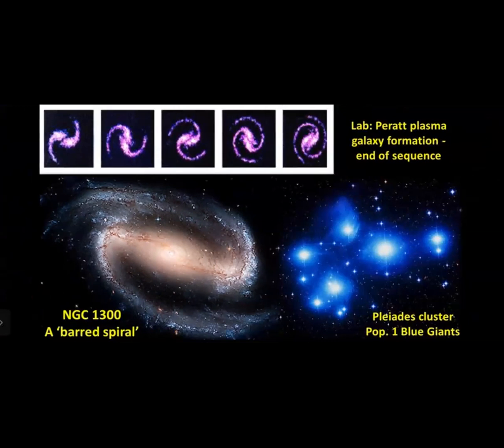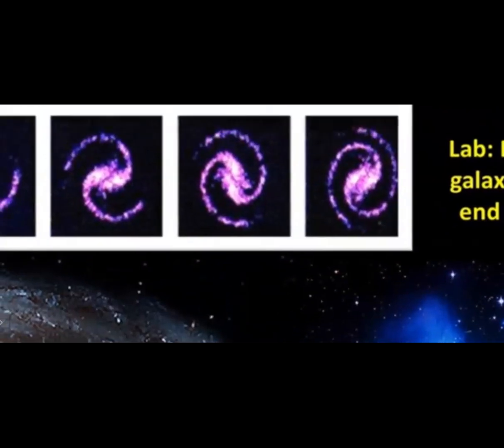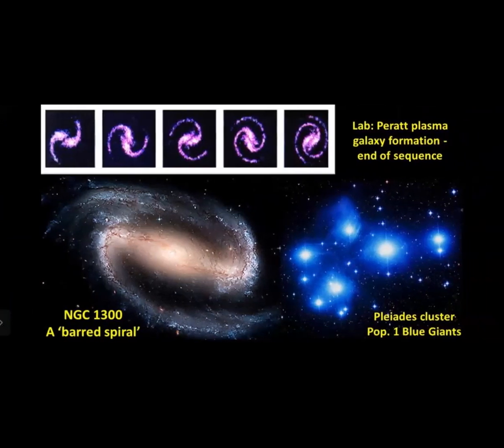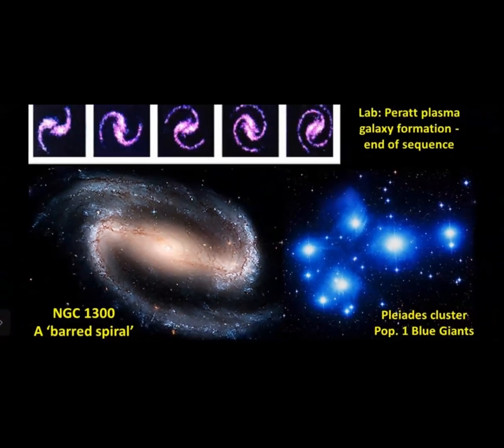Plasma physicists believe NGC 1300 was formed by 2 plasma filaments coming together. And if you look at the upper image that was formed in the lab and the lower image that was formed in space, those 2 images, aside from coloration, are almost identical.